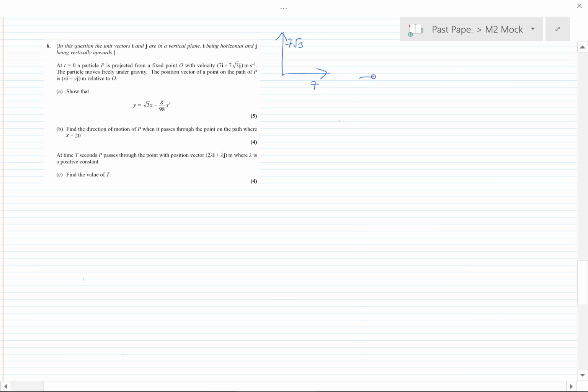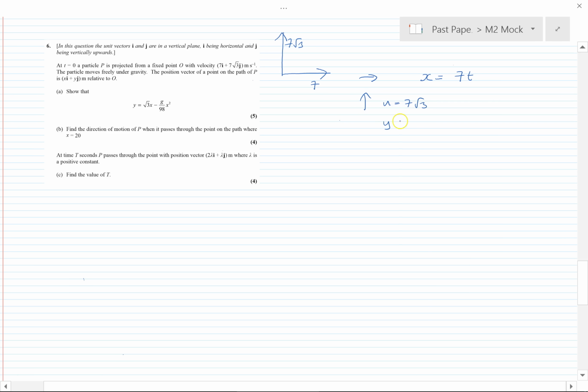So let's just go horizontally first. The horizontal distance x is going to be equal to 7t, because that's just using the fact that there's no acceleration horizontally. Distance is equal to speed times time. Now vertically, we've got the initial speed u equal to 7 root 3.